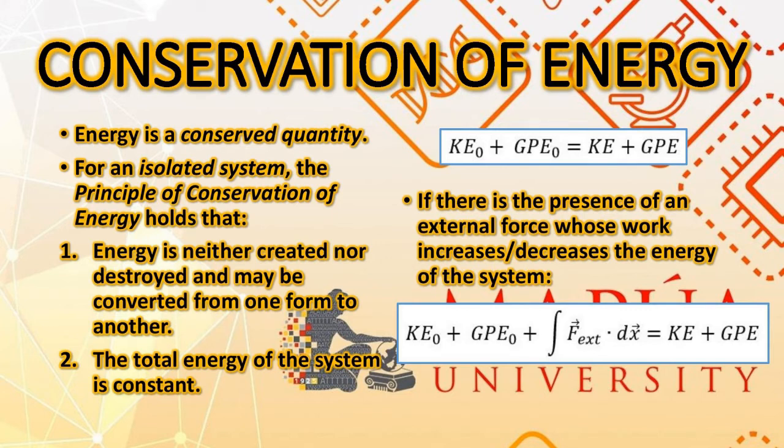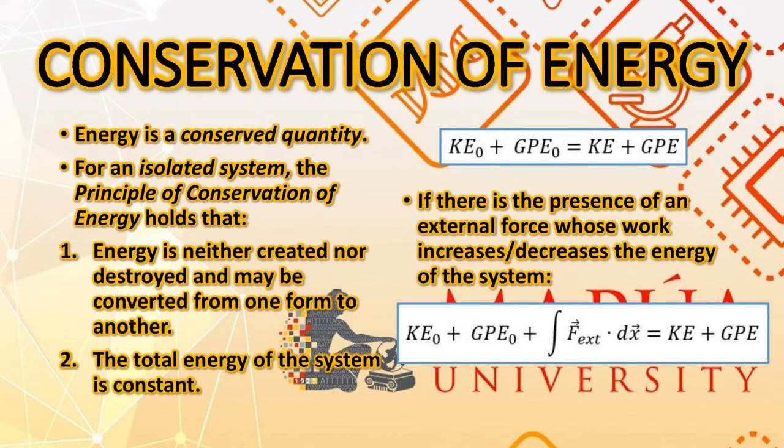Next, the total energy of the system is constant. That is to say, the initial energy of the system is equal to the final energy of the system. For now, the energy of a system is comprised of kinetic energy and potential energy. So, the energy of a system is equal to the kinetic energy of the system plus the gravitational potential energy of the system.